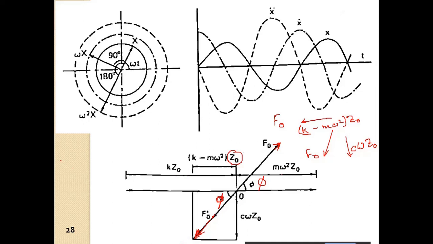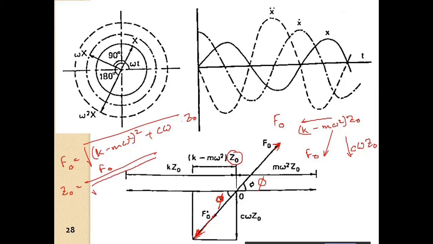So ultimately we can say that F naught is equal to root over K minus M omega square Z naught, squared, plus C omega Z naught, squared. Z naught we will take out. Ultimately we can find the maximum amplitude, as Z naught is equal to F naught by this term over here.